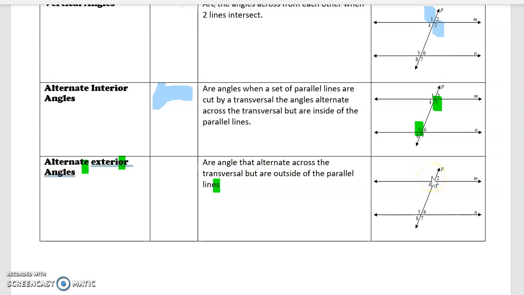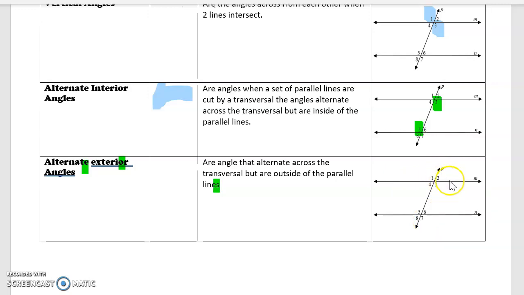So if I start here with angle 1, I want an angle that is outside, alternate across the transversal. Angle 1 is on the left side. I'm looking for an angle that is on the right side, but it's also on the opposite side of a parallel line, outside of the parallel lines. So I've got angle 1, and if I alternate across, I'm going to come all the way down to angle 7.